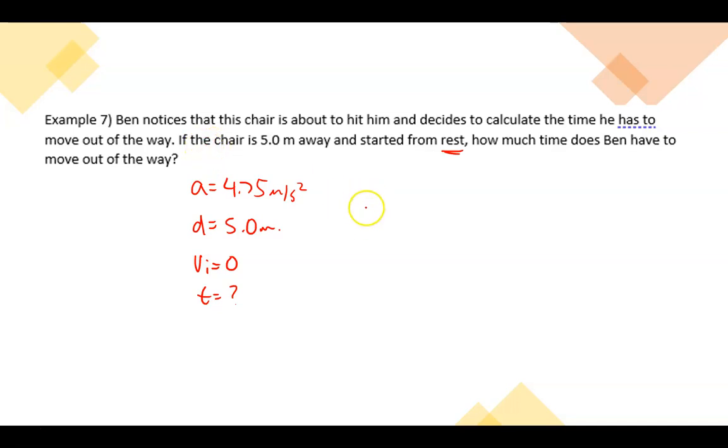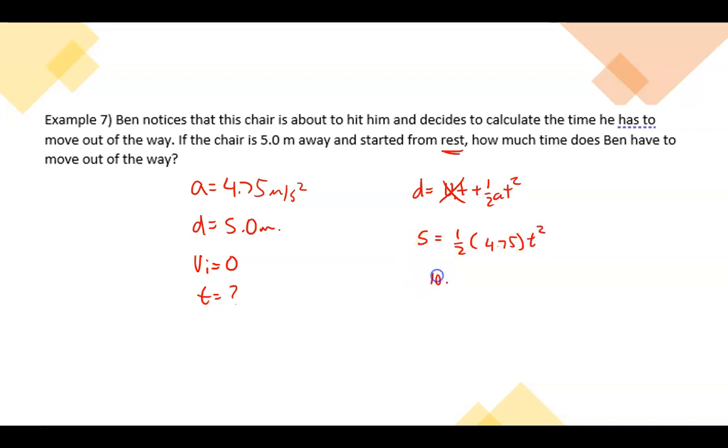Well, we know that d is equal to v_i t plus 1/2 a t squared. Now the initial velocity being 0 means that the first term is 0, and 0 plus anything is itself. So 5 is equal to 1/2 times the acceleration, 4.75, times t squared.